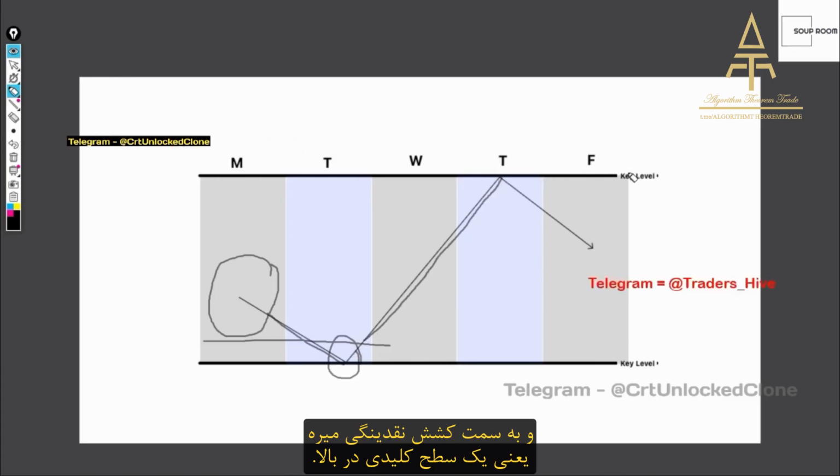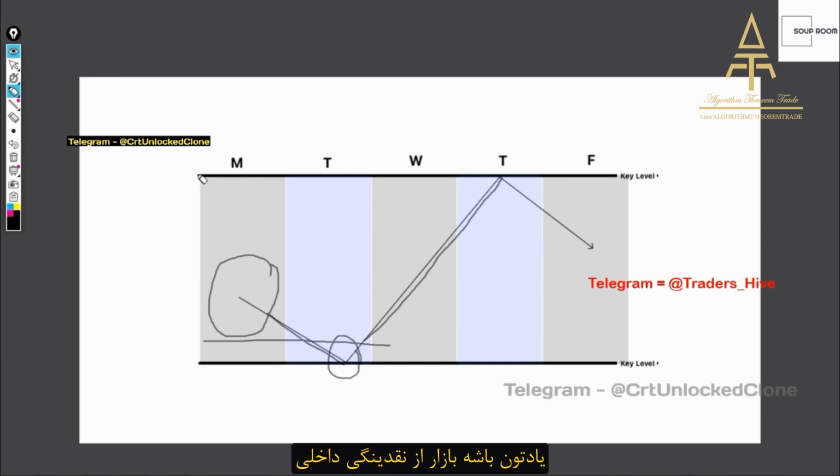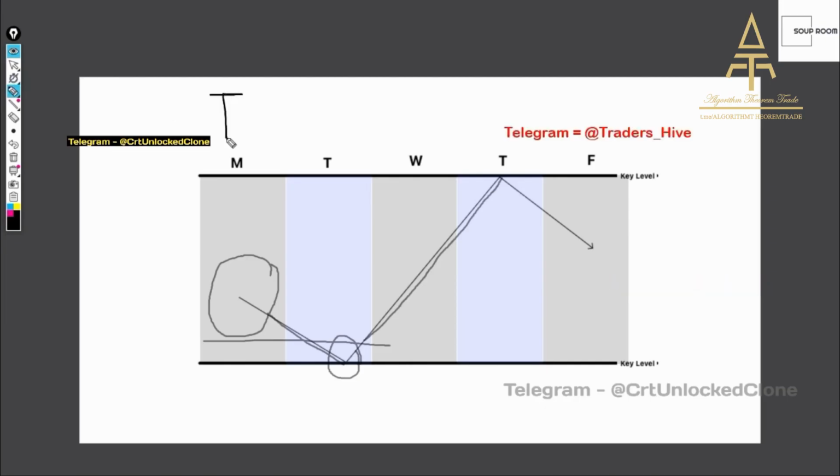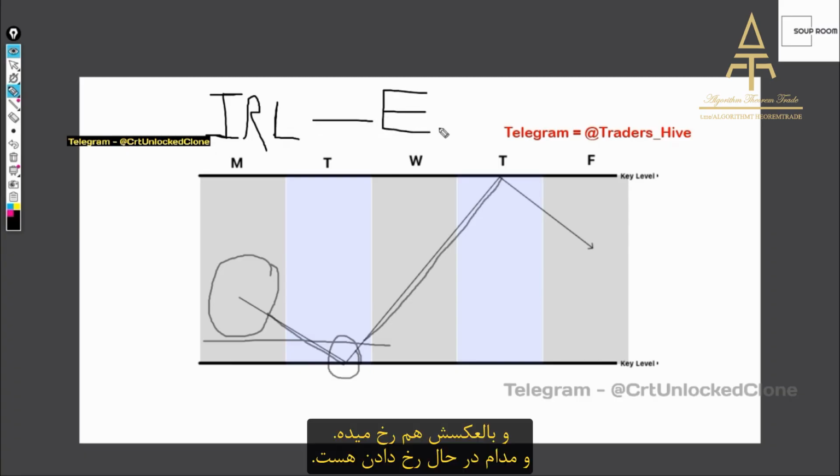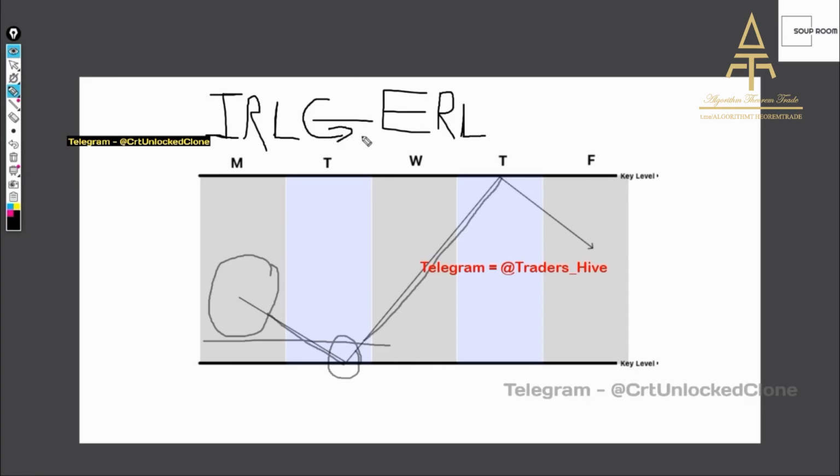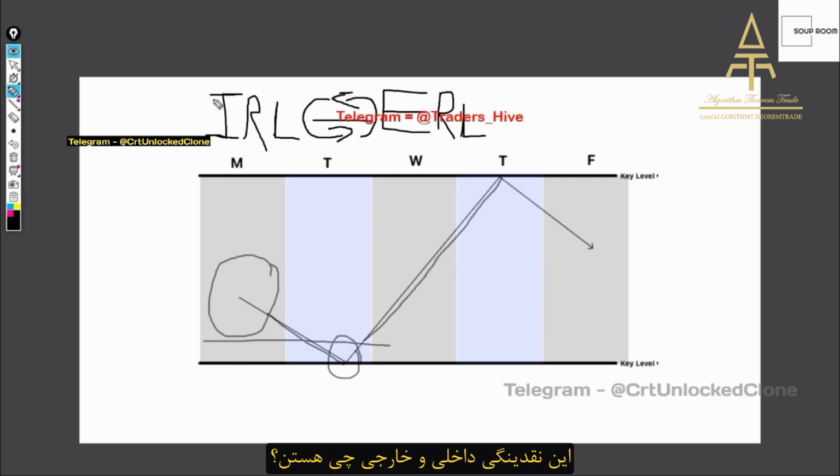What's the draw on liquidity? An opposing key level in the form of a PD array. Remember, the market goes from internal range liquidity, IRL, to ERL. Back to IRL, back to ERL, back to IRL, back to ERL. And this goes back and forth. Okay? What is this? Internal range liquidity and external range liquidity.